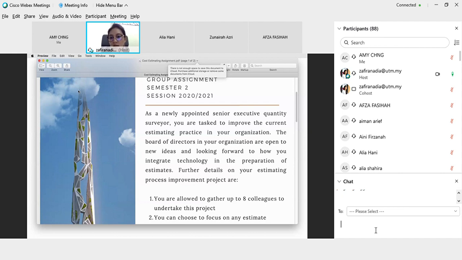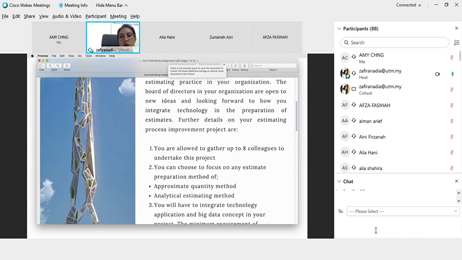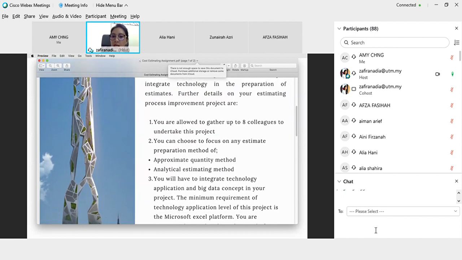The further details on your estimating process improvement project are: you can form up to 8 colleagues, one group can have 8 people, but we have 90 students in total, so some groups will have more or less than 8, but roughly 8 in a group.